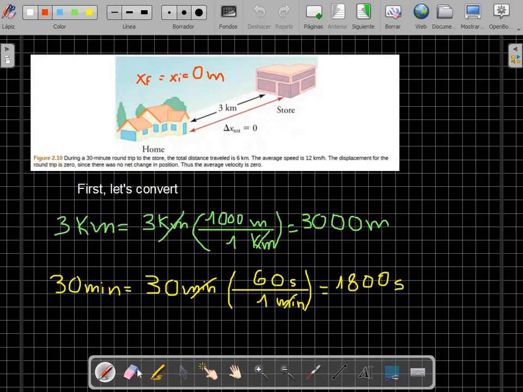Since this person went and came back to the same point, the final position and initial position are the same. And we can assume the initial position is 0 meters. That means that the final position is also 0 meters.